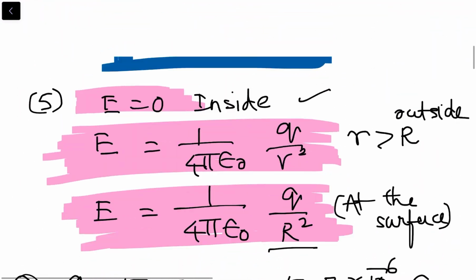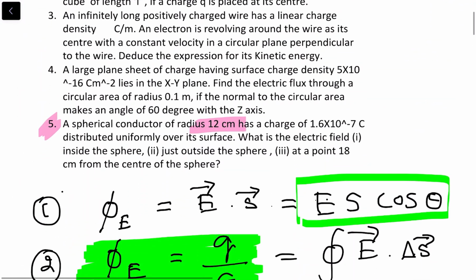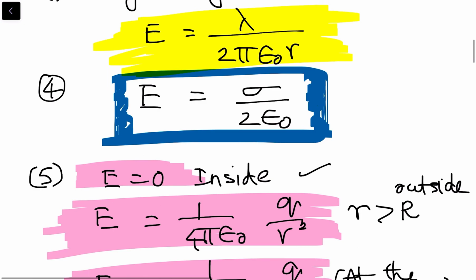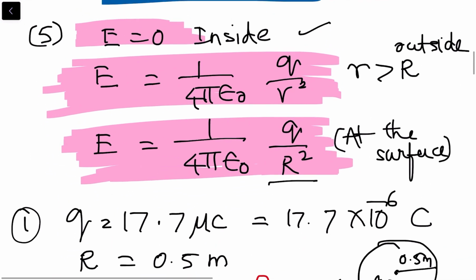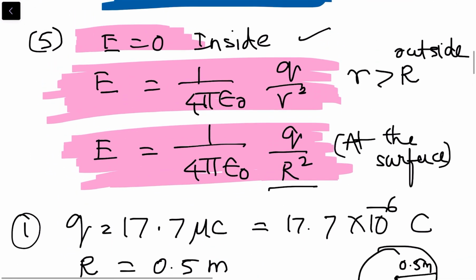Now going back to the question, they have asked us: first, inside the sphere; second, just outside the sphere; third, at a point 18 centimeters from that. That means we have to use now the other formula, the second formula, this one.